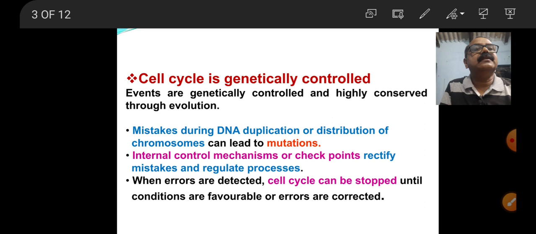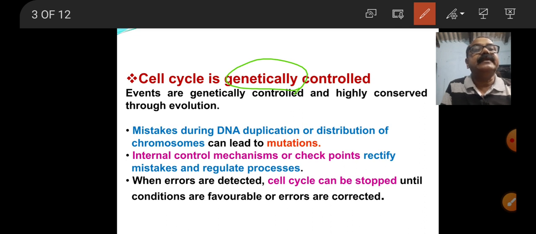The cell cycle is genetically controlled. The events are genetically controlled and highly conserved through evolution. Any mistakes during DNA replication or distribution of chromosomes can lead to mutations.